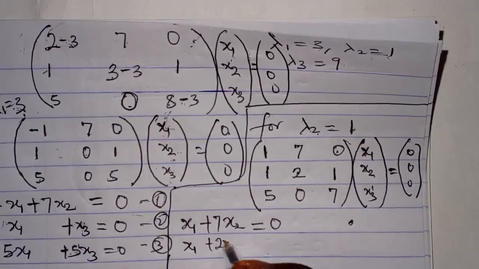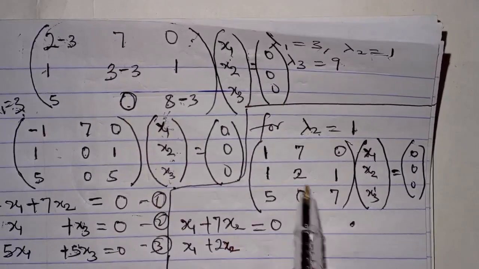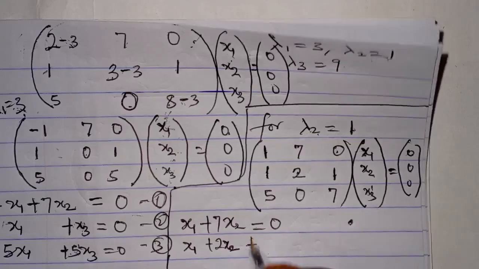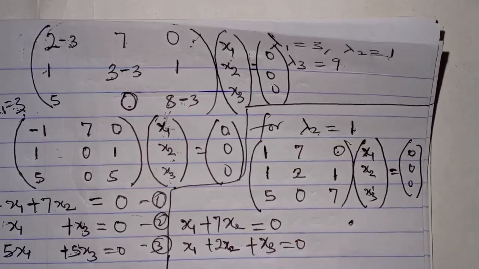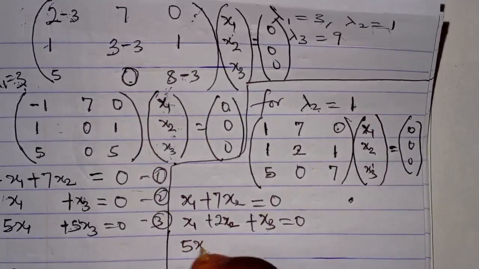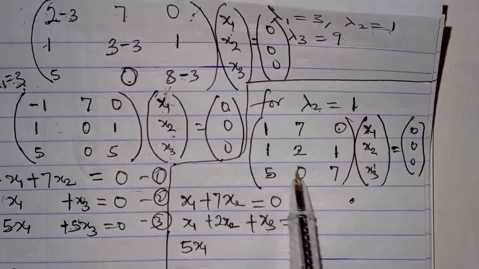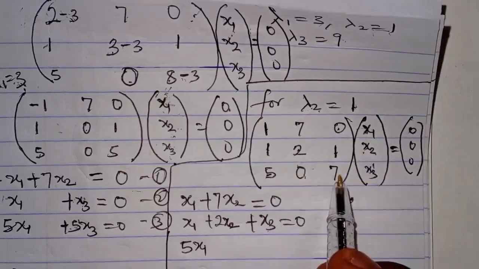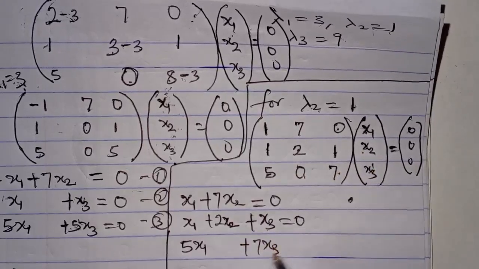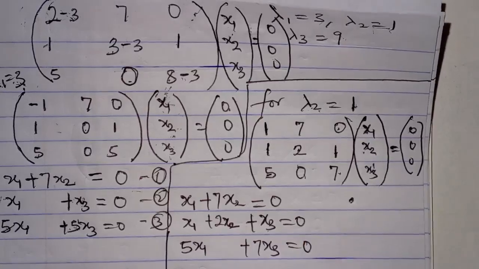And 1 times x3 is x3, equal to 0. And lastly, 5 times x1 is 5x1. 0 times x2 is 0, that's out. 7 times x3 is 7x3, equal to 0.